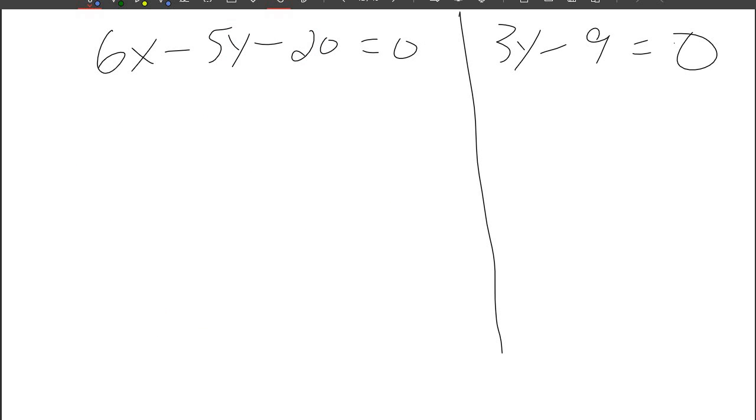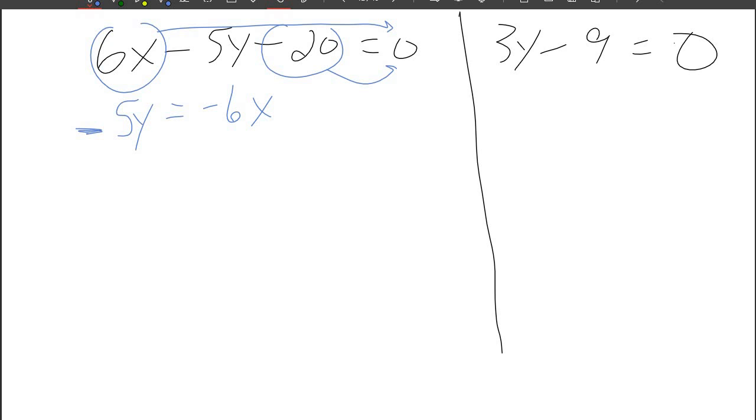Let's do some more of these. Okay, first thing we're going to do is move the 6x over here and the negative 20 over here. Now, pay attention, there's a negative sign in front of that 5y. The 6x becomes negative 6x and the negative 20 becomes positive 20. That's the first step. Next step, divide everything by negative 5.